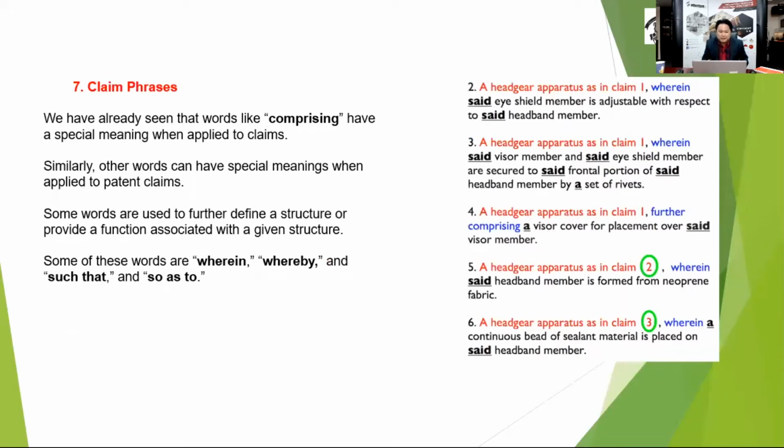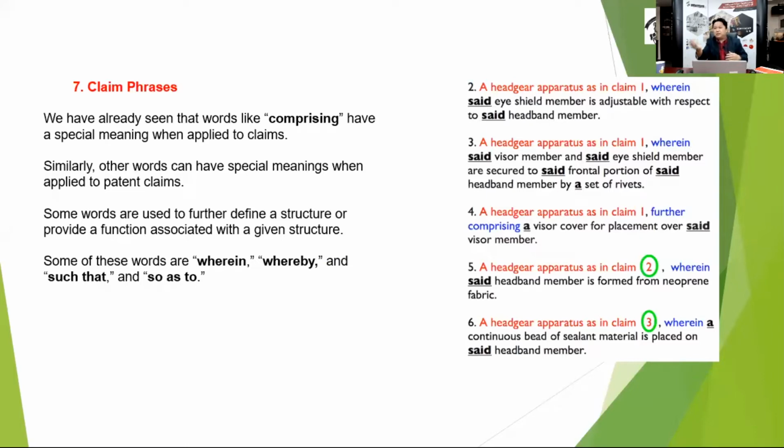Okay, claim phrases. Now, when you write any claims, I just introduce some of the important words like the word comprising, consisting, and all this. Now, you can also use words like wherein, whereby, as such, etc. So let me give you an example.